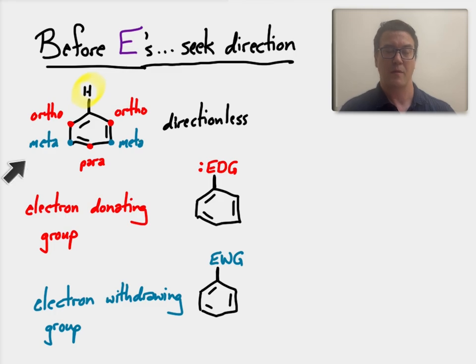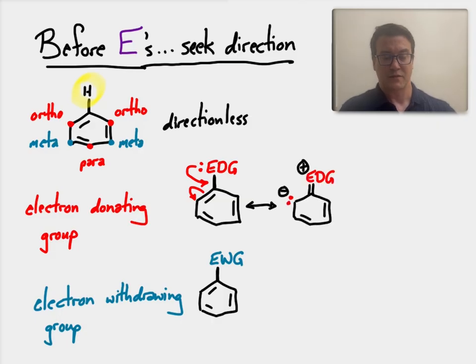So ortho, meta, para. There are 2 ortho positions, 2 meta positions, and 1 para position. And as you may have noticed, I've highlighted that electron donating groups are often ortho para directors, and we'll see why.